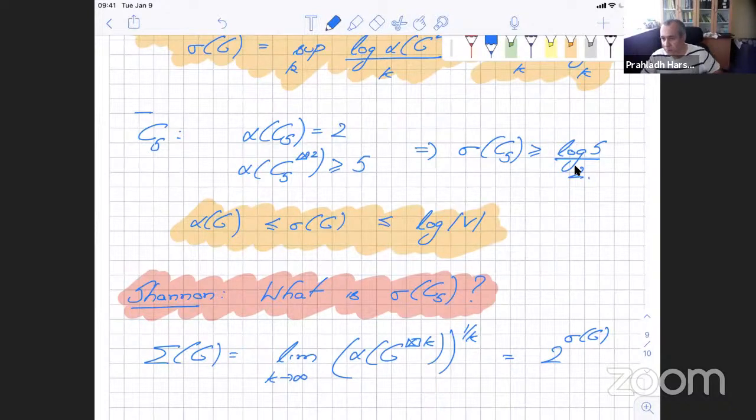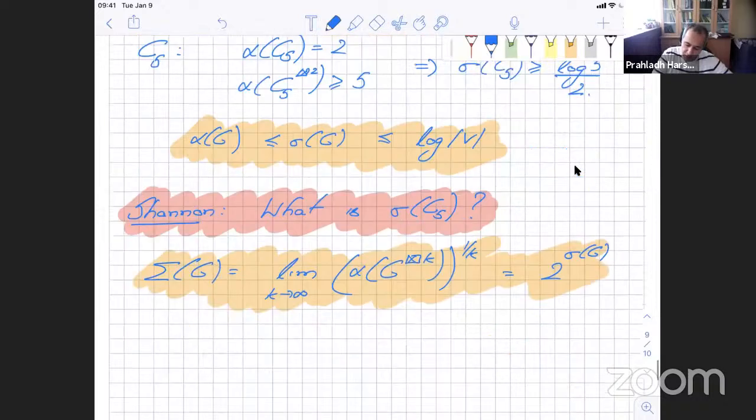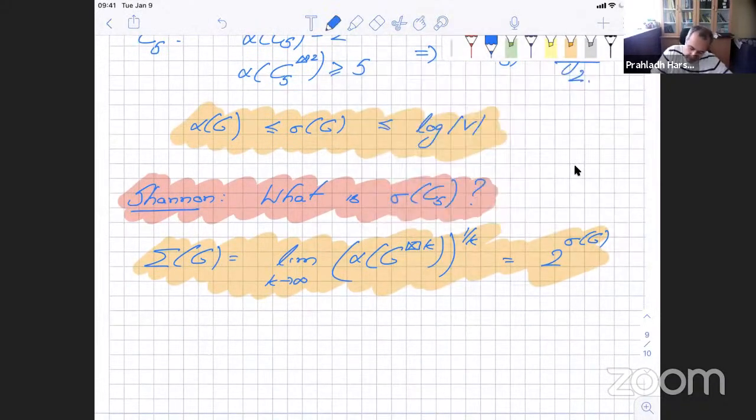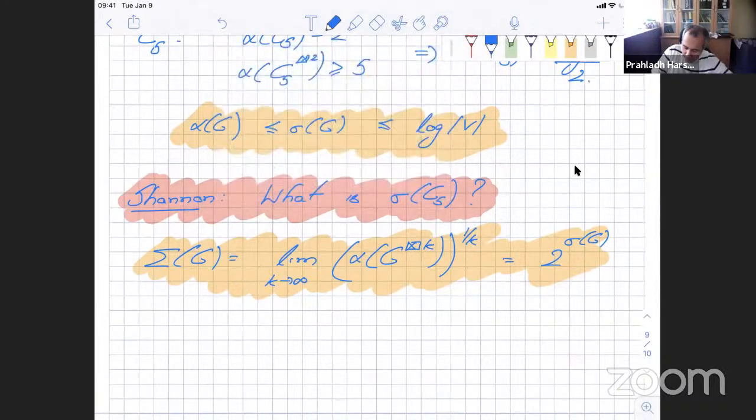And Lovasz used the theta function, the famous theorem of Lovasz, to prove that sigma of C5 is actually equal to square root of 5.